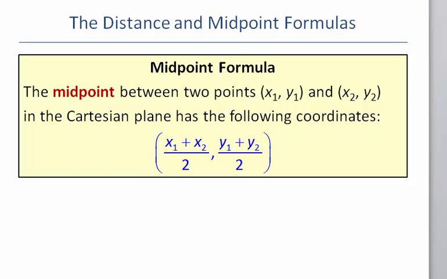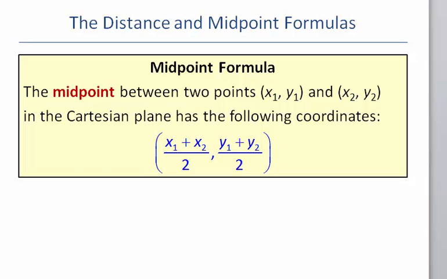The next formula that we're going to look at is the midpoint formula. The midpoint between 2 points, x1, y1, and x2, y2 in the Cartesian plane has the following coordinates. To calculate the x value, you're going to take x1 plus x2 and divide by 2.